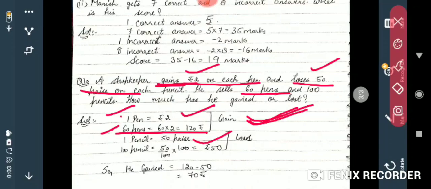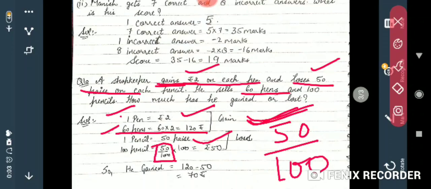Okay. So how you will convert 50 paisa into rupees? You will divide it by 100 as I have done here. Now 1 pencil, how much loss he suffered? 50 paisa loss. For 100 pencils, what you will do? Multiply. So this 100 and 100 got cancelled. How much rupees? 50 rupees loss he suffered.